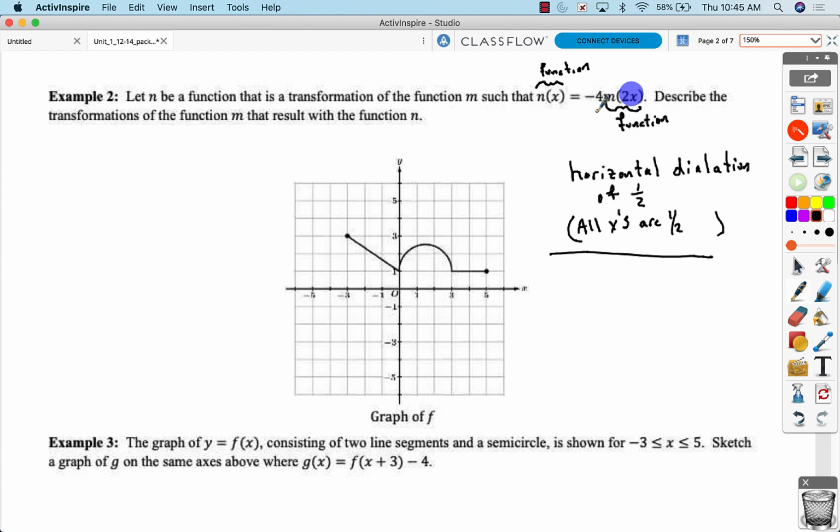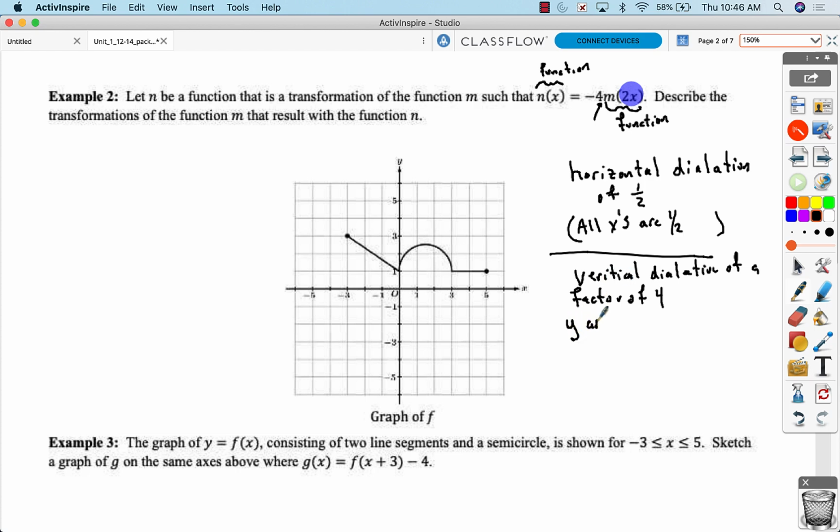Now if we look at the 4, don't look at the minus, I'm looking at the 4. So the 4 would be a vertical dilation by a factor of 4. So that means all the y's are now going to be 4 times what they were.